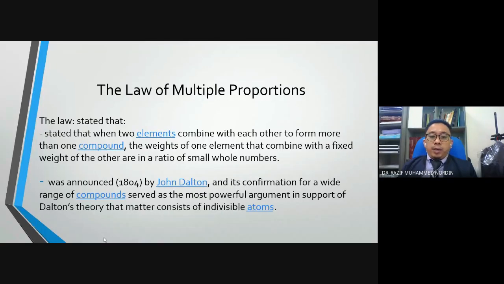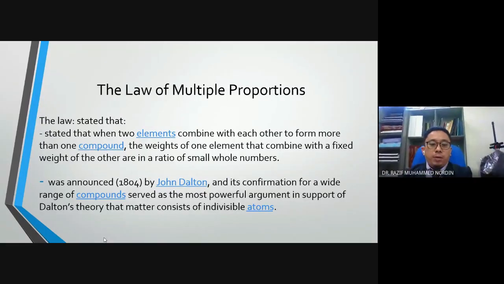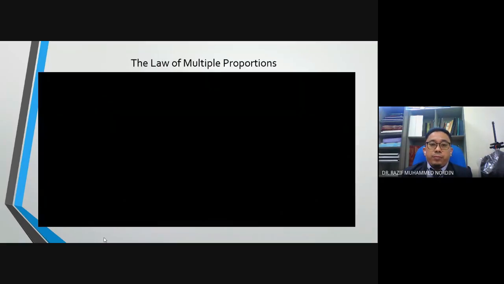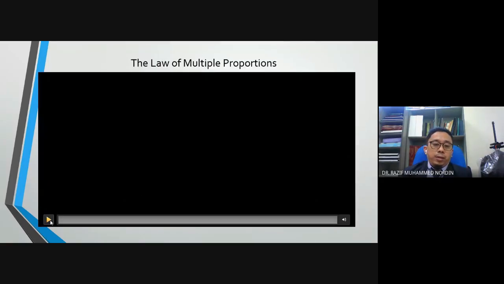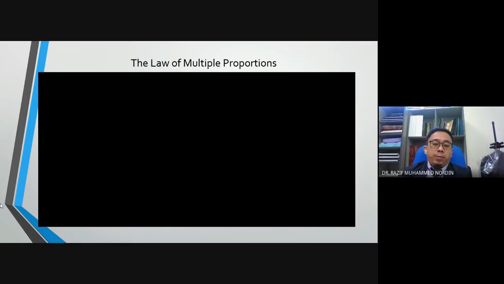It was announced by John Dalton, and its confirmations for a wide range of compounds serve as most powerful argument in support of the Dalton theory that matter consists of invisible atom. So atom ni tak nampak ya. So yang ni law of multiple proportions.